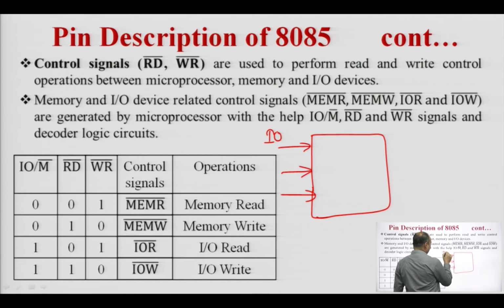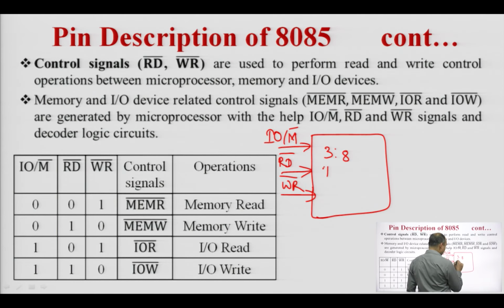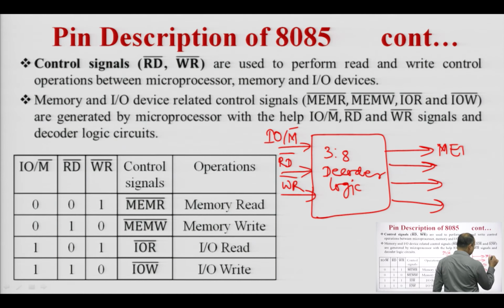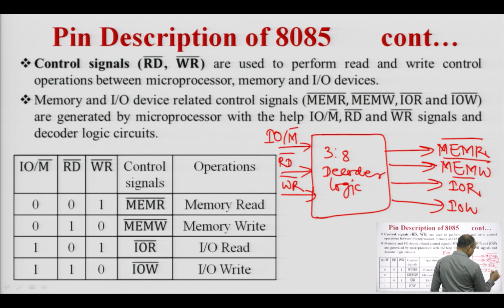Here we have the input output or memory signal, read bar control signal, write bar control signal, and another logic circuit, that is nothing but the 3:8 decoder logic, used to generate the control signals: memory read, memory write, input output read and input output write, that is MEMR bar, MEMW bar, IOR bar, IOW bar.